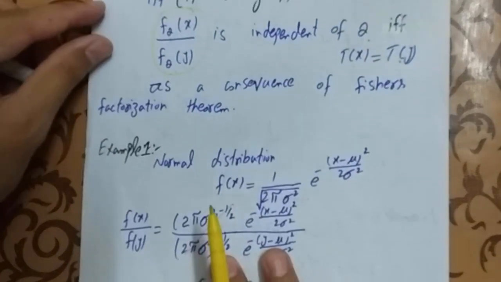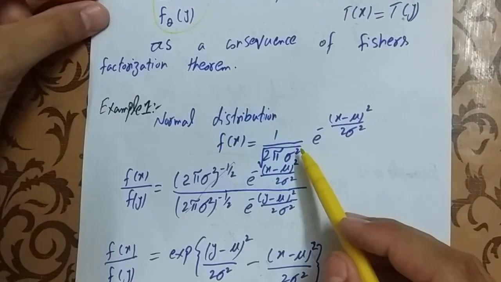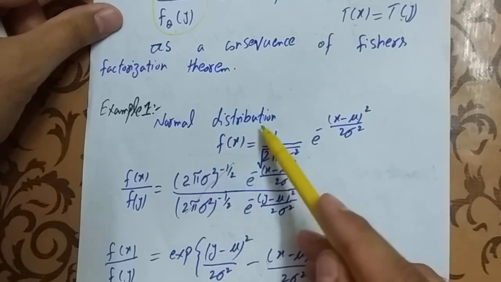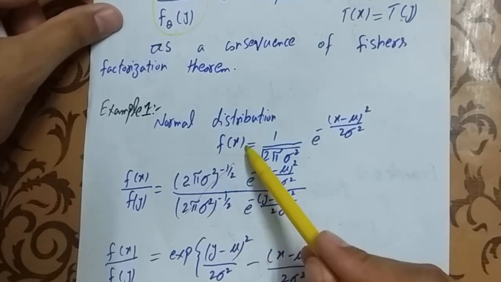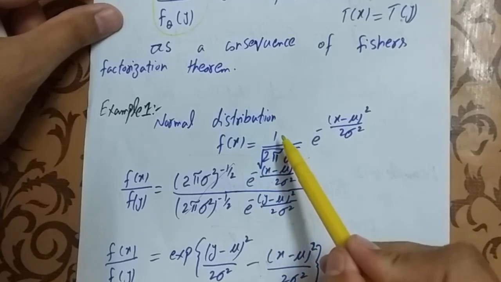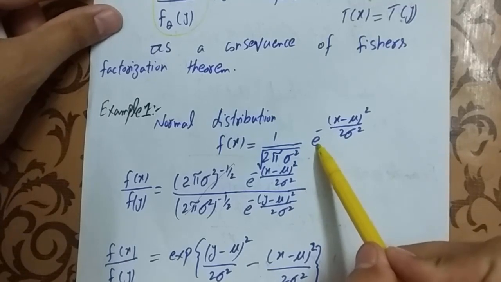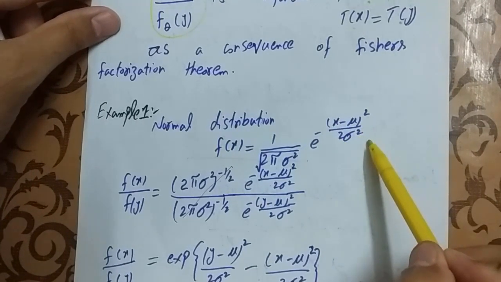In the first example, the normal distribution. You already know the probability function f of x for the normal distribution, which is equal to 1 over the square root of 2 pi sigma squared, e raised to the power minus x minus mu whole squared over 2 sigma squared.